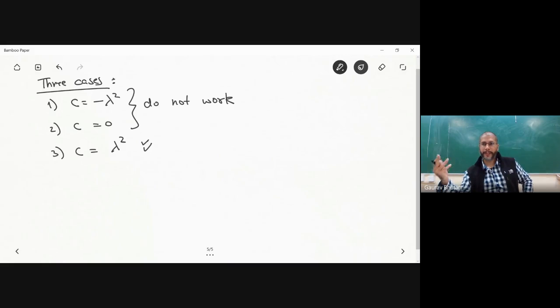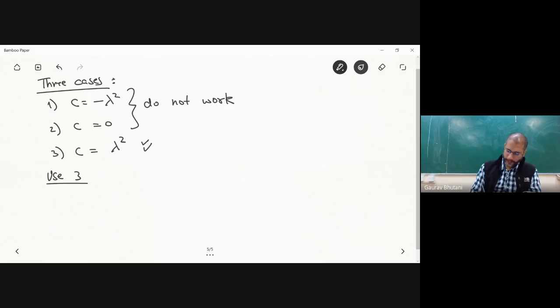Please try by yourself by putting c equals minus lambda square, and you will see that at some point when you start putting the boundary conditions, you will reach a contradiction. Since I already know that c equals a positive lambda square works, I will use that. But we can check that 1 and 2 do not work out. Okay, so we will use 3.